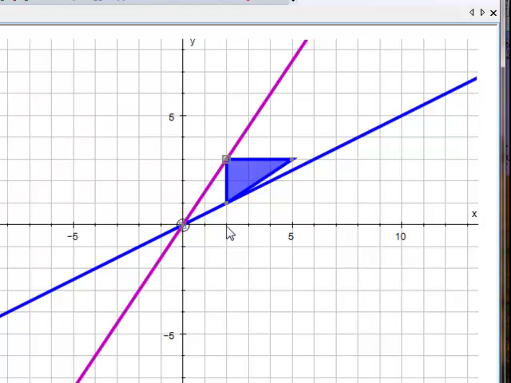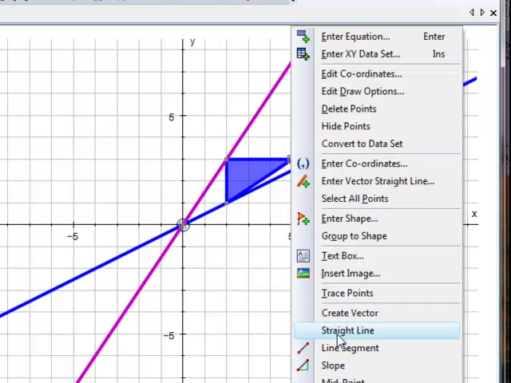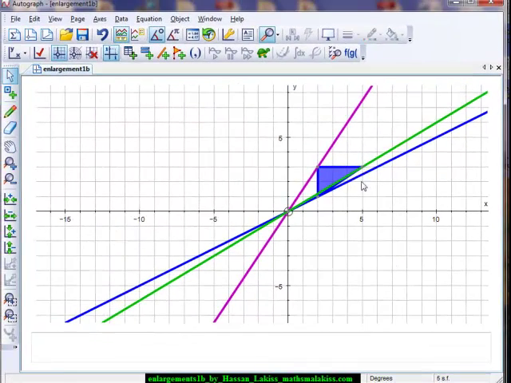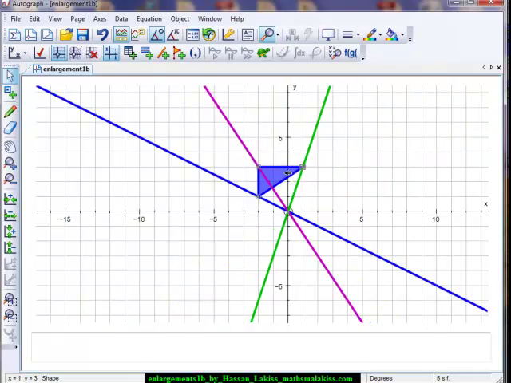You can see 2 across, 3 up, 2 across, 3 up. And finally, these 2 points: 5 across, 3 up. If I go 5 across and 3 up, that's the point.